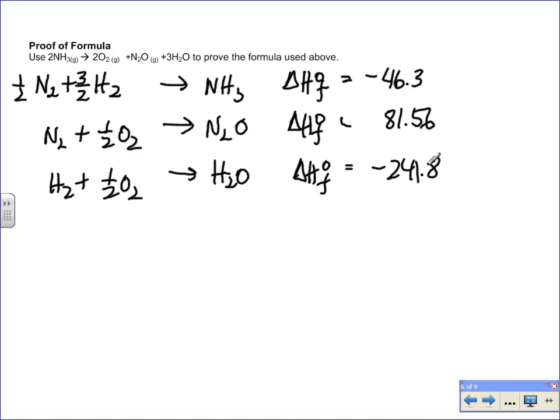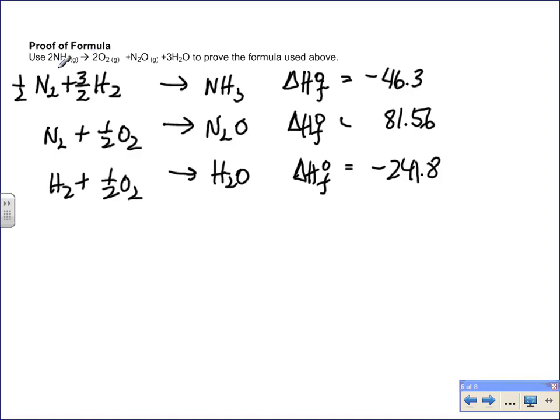So these are the appropriate heats of formation reactions that would apply to this particular overall reaction. Now, if we take these reactions and we apply Hess's law, use these reactions to find the delta H for our goal reaction, let's see what happens.